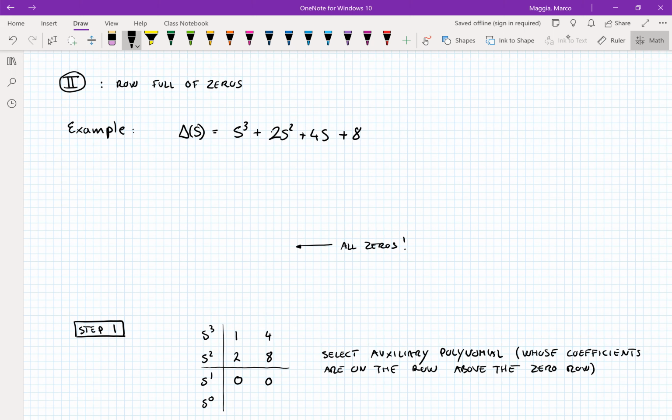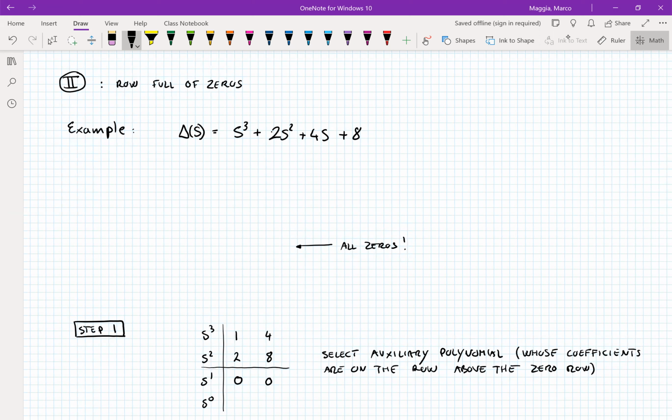Before even starting this example, I already tell you that if you find a row full of zeros, then the system cannot be asymptotically stable. That's as easy as that. It can be either marginally stable or unstable. There's no asymptotic stability associated with that.